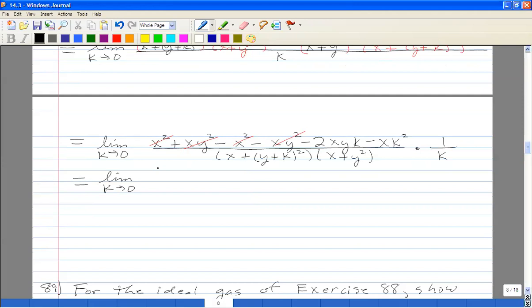Factor out a k, I get k times negative 2xy minus kx over k, x plus y plus k squared, x plus y squared. The k's cancel.